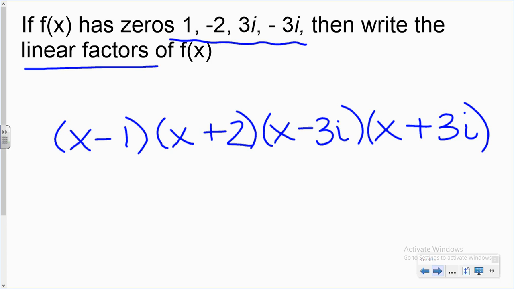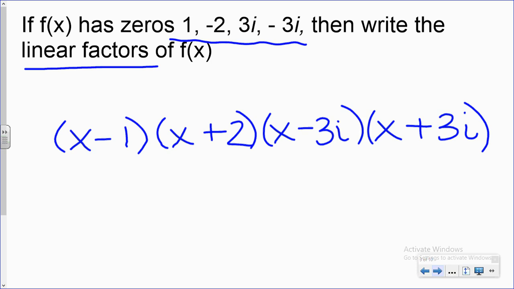Okay. We're not going to take the time to multiply this out, but let's talk about the best strategy to do that. What would be a good first step if we were to multiply this out? Okay, multiplying these two together would be a good first step.